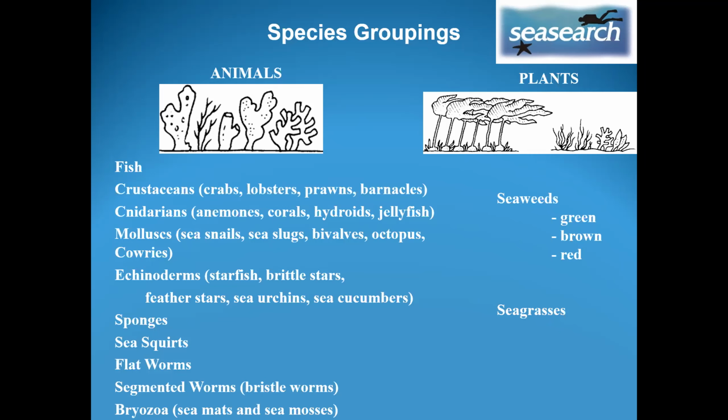I feel like with seaweeds, you've got green, brown, red, but the colors are not always diagnostic of which grouping they're actually in. So looking at your species groups will help you decide which type of photograph you need to be getting to be able to look at things.